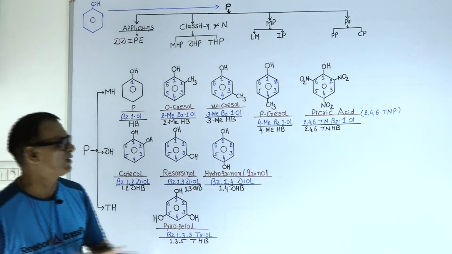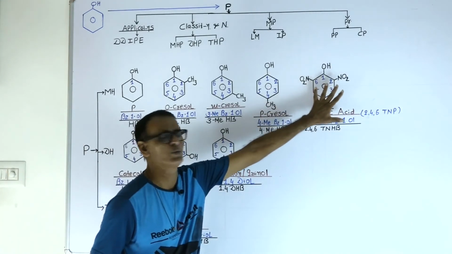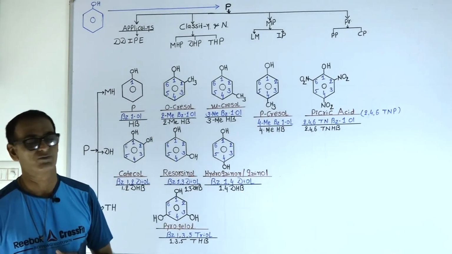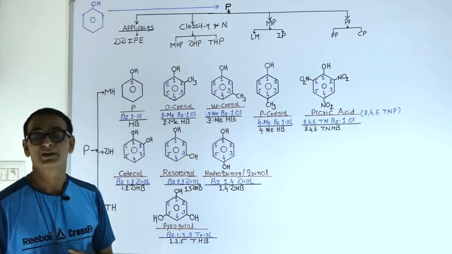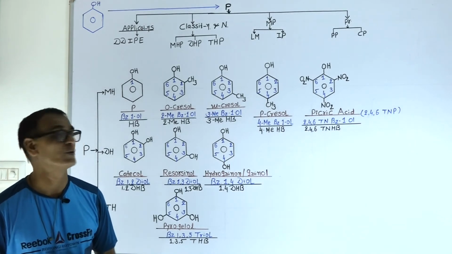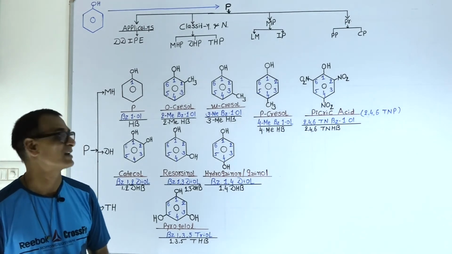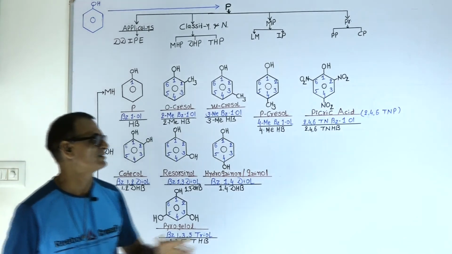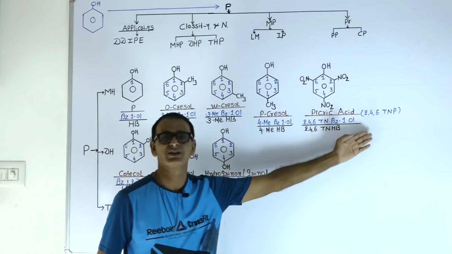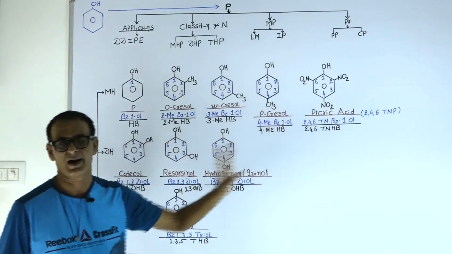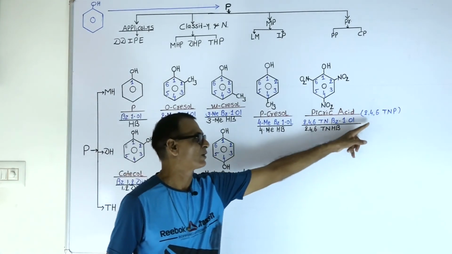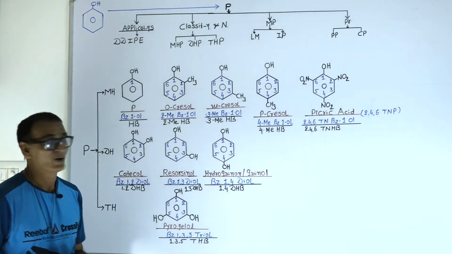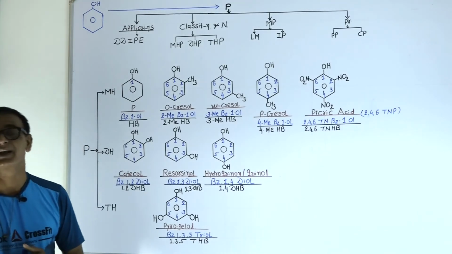You can say phenol having three nitro groups, that's why trinitrophenol. The positions of the three nitro groups are second, fourth and sixth, that's why it is known as 2,4,6. T for tri, N for nitro and P for phenol. It's also known as 2,4,6-TNP.